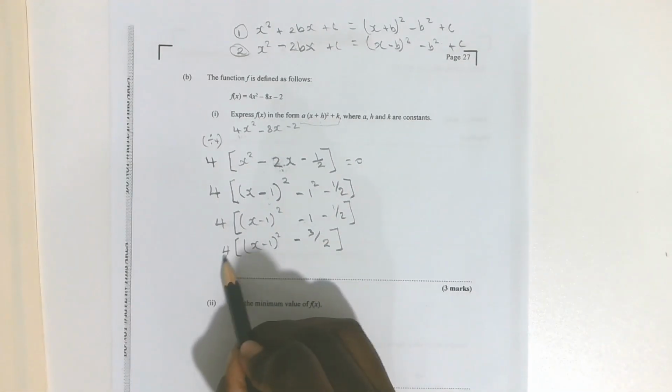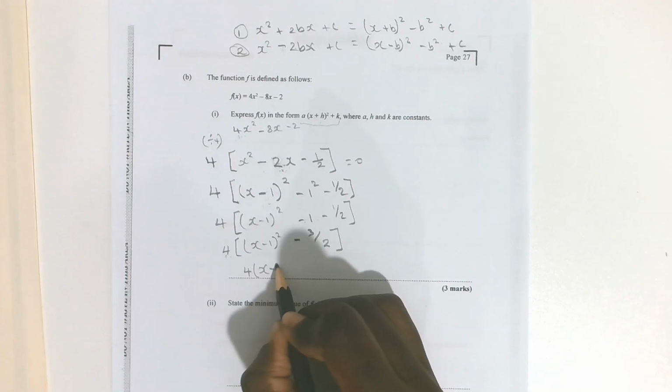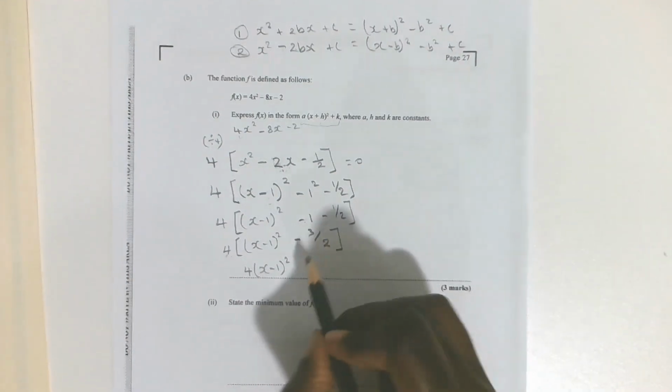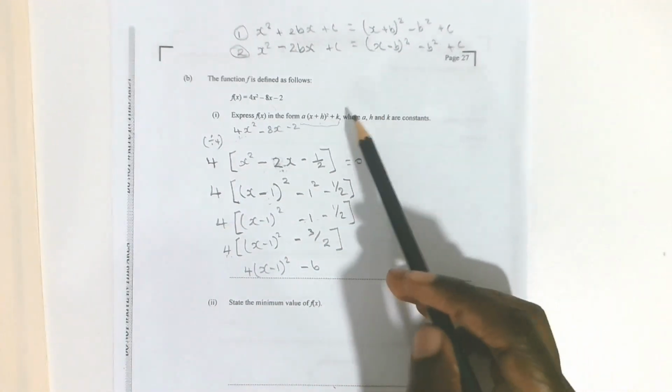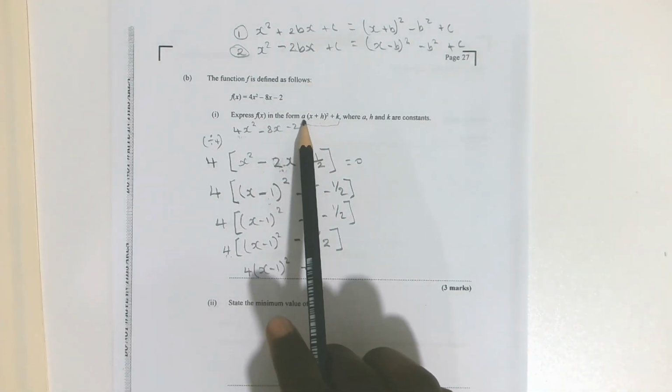So 4 multiplied by x minus 1 squared, we're going to have 4 times x minus 1 squared. And then 4 multiplied by negative 3 over 2 would give us a negative 6 value. And that is our equation expressed in this form.